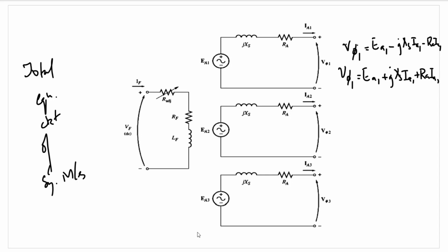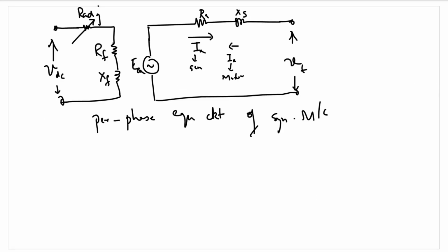Now using this equivalent circuit, we can draw the phasor diagram. Let's take this per phase equivalent circuit that we have already drawn, for unity power factor. We start with Vt. Ia will be in the same direction, as it's a unity power factor.